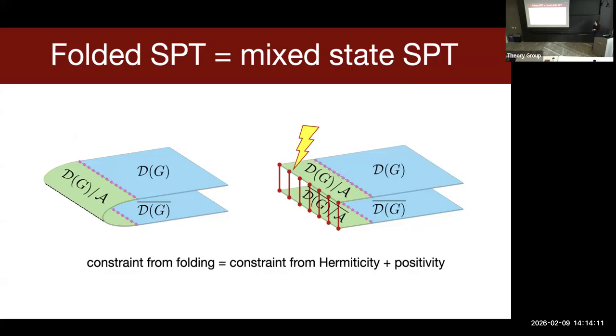I haven't shown that this is the case, but it should be reasonable that the constraint that comes from folding is the same constraint that arises from hermiticity and positivity of density matrices. So in fact, we can show, at least in the abelian case, that anyon condensation that satisfies hermiticity and positivity will be symmetric and positive. The anyon condensation matrix will be symmetric and positive.